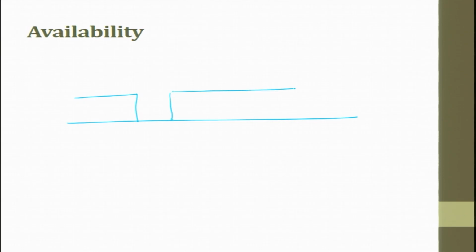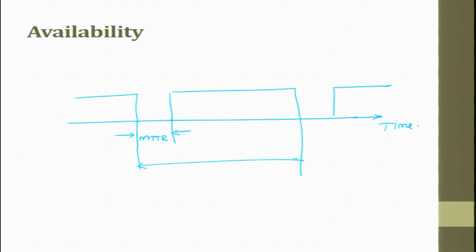Let me try to explain the concept of availability. This is the time axis, and the spacing is MTTR, and this is MTBF.